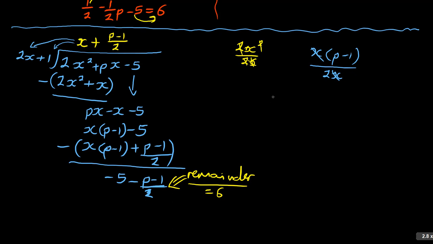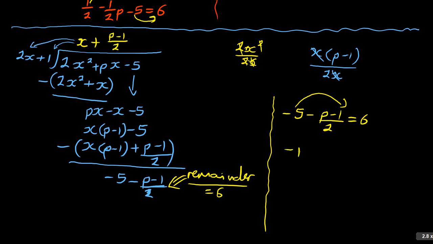So for me to find my remainder, I can say minus 5 minus (p minus 1) over 2 is equal to 6, and then I can make 5 join 6, so I'll have minus (p minus 1) over 2 is equal to 6 plus 5, which is 11.